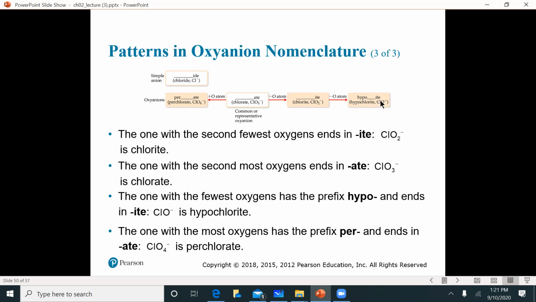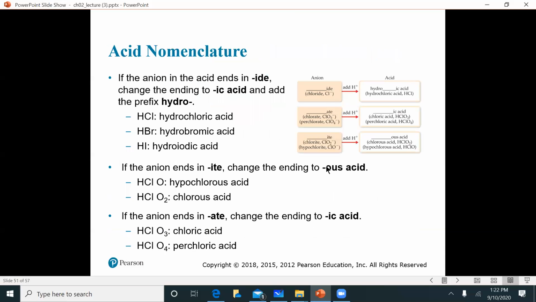So hypochlorite has one less oxygen than your ite. Then you go to ate. If you had one more oxygen, it would be perchlorate. Per meaning more. So our per-ate, then ate, then ite, then hypo-ite is the ordering that you can stretch out. So that's one way to get to know the oxyanions. And when they say oxyanion, they just mean an anion, a negatively charged thing that has oxygen and something else in it.